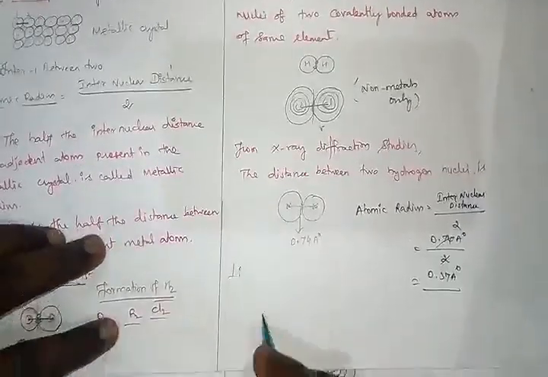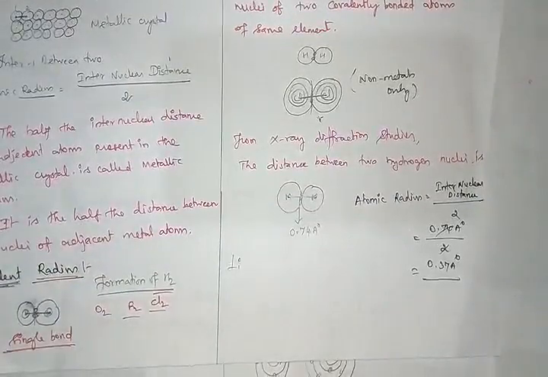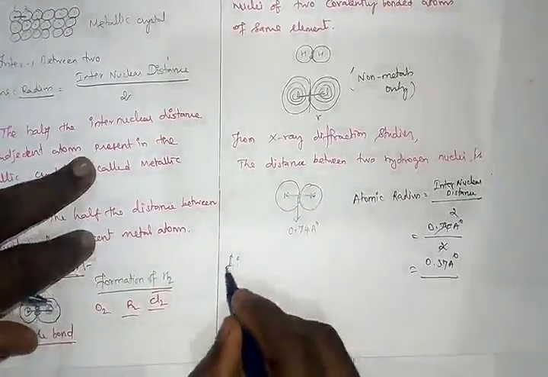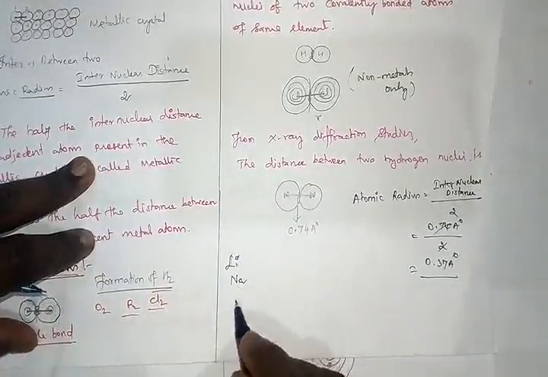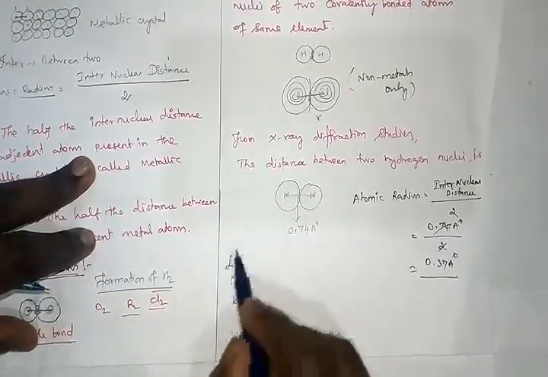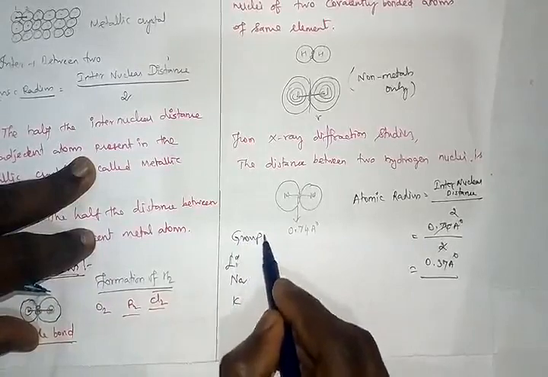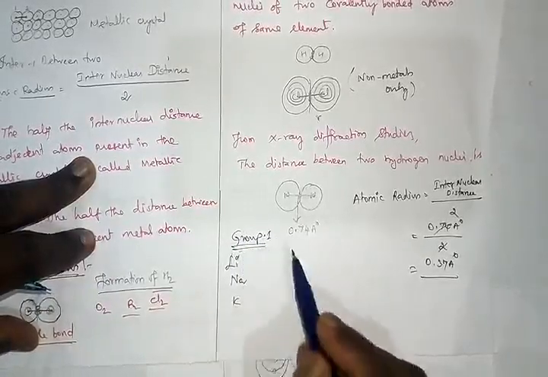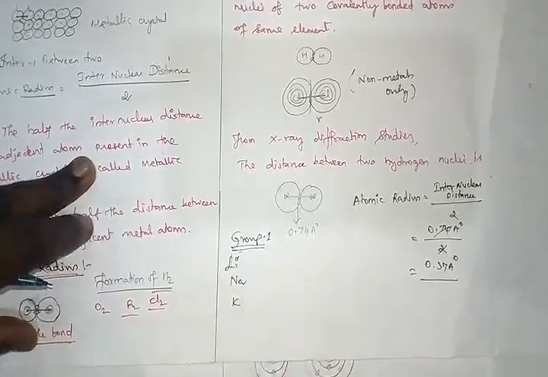Lithium, and then sodium, and then potassium. They are in group number 1. So let us take the first 3 elements, we will understand.